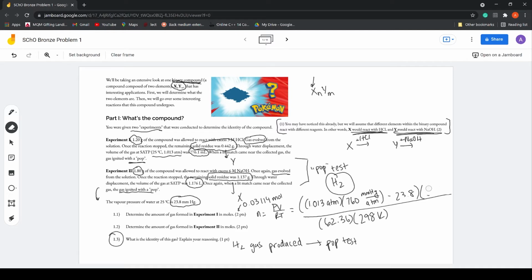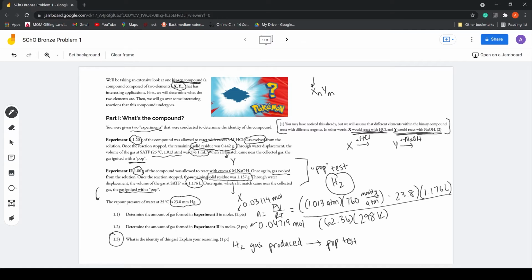We can see that in experiment 2, the volume of the gas was 1.176 liters. Because it's at SATP, we know the temperature is still 25 degrees Celsius. So if we plug this all into our calculator, what do we get? We should get 0.04719 moles.